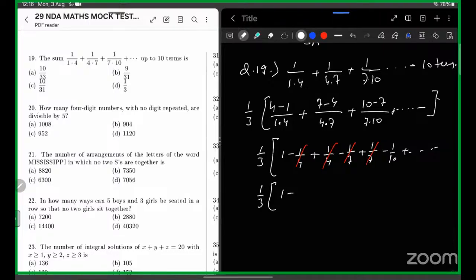It is an AP with common difference 3. So the 10th term is a plus n minus 1 into d, that is 1 plus n minus 1 into the common difference of 3.